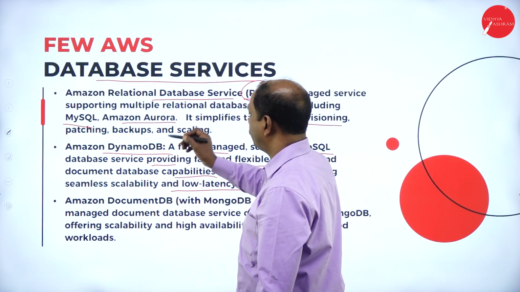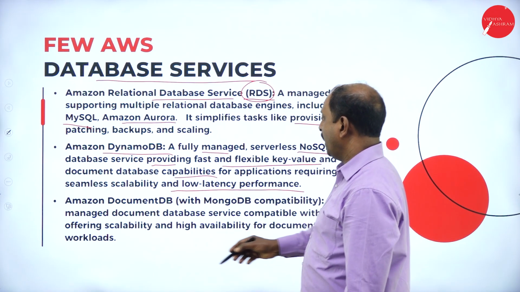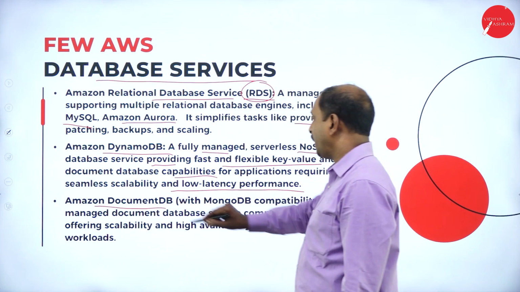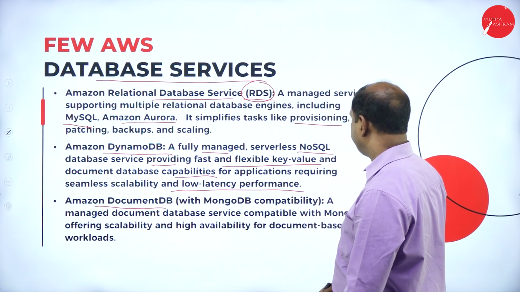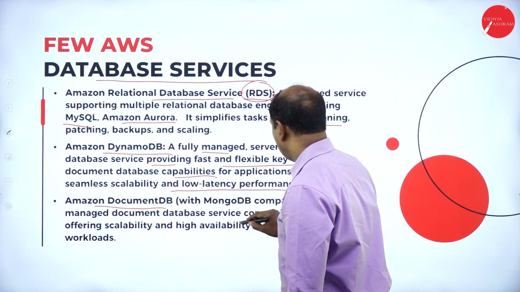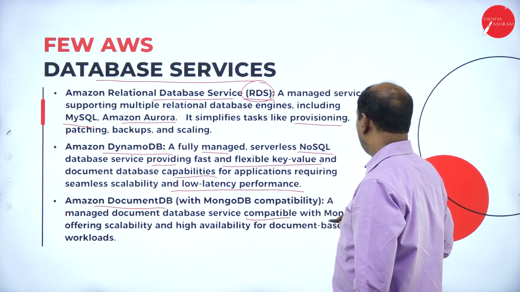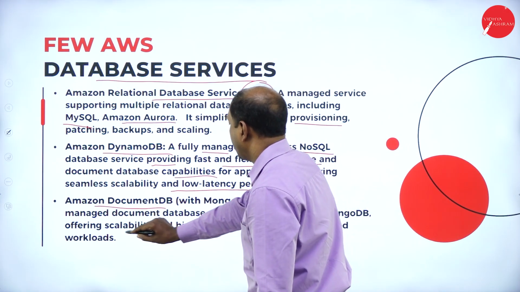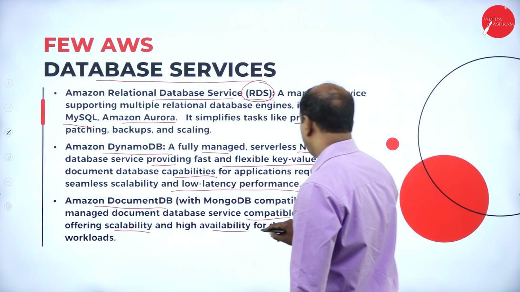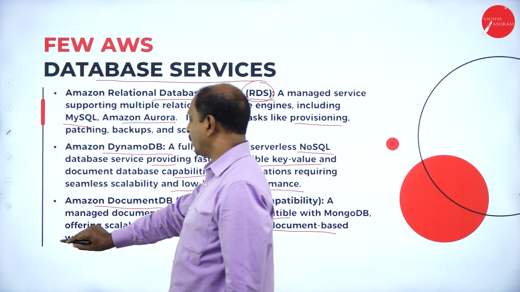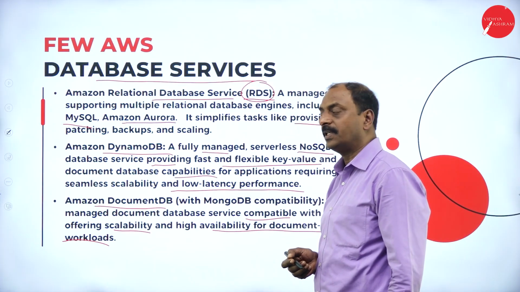So another type of service is DynamoDB. Next one is Amazon DocumentDB. It is a database service compatible with MongoDB, offering scalability and high availability for document-based workloads. Another type of storage service.